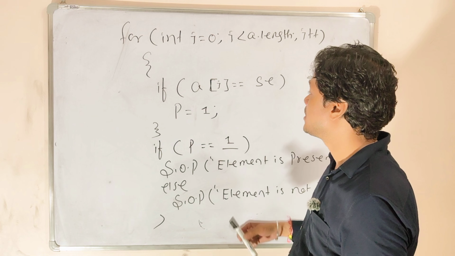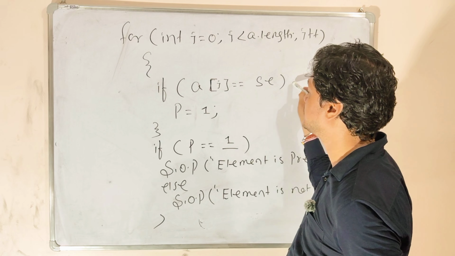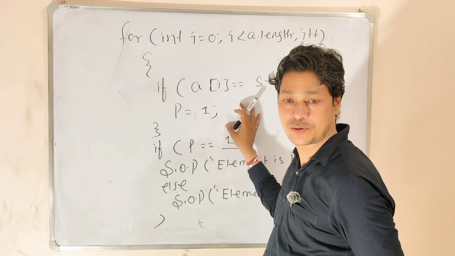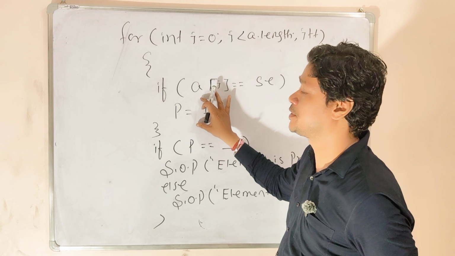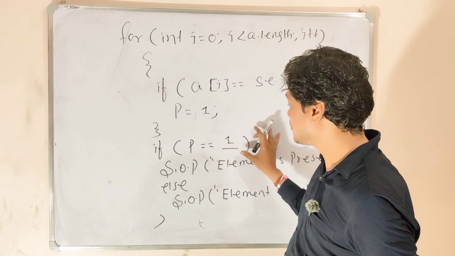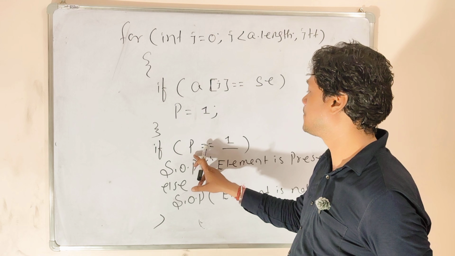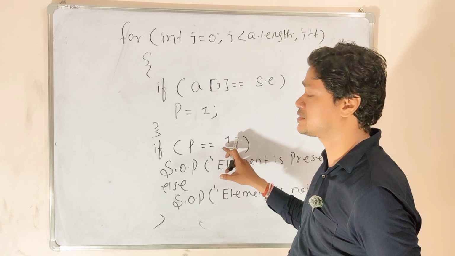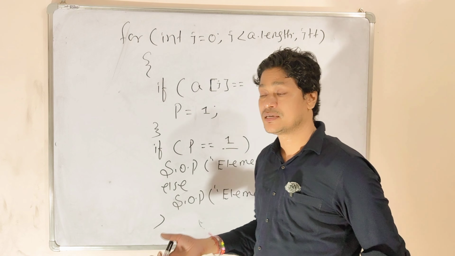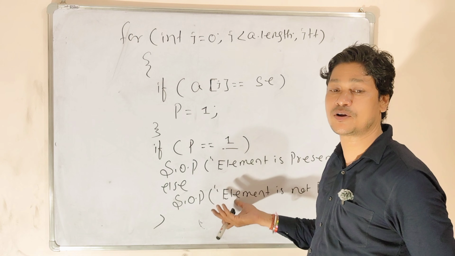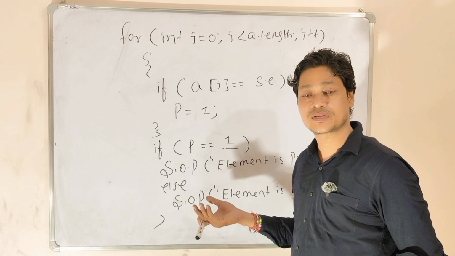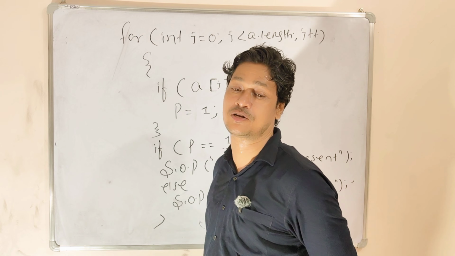And whenever it gets a match, p becomes 1. Only if there is a match, p becomes 1. And afterwards, if p double equals 1, it means there must be a match. So p equals 1 means the element is present, otherwise the element is not present. Is it clear? Yes, sir. This was all about your linear search.